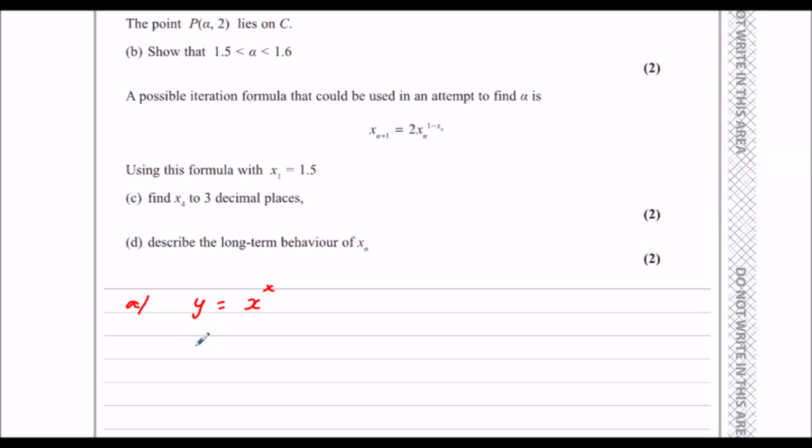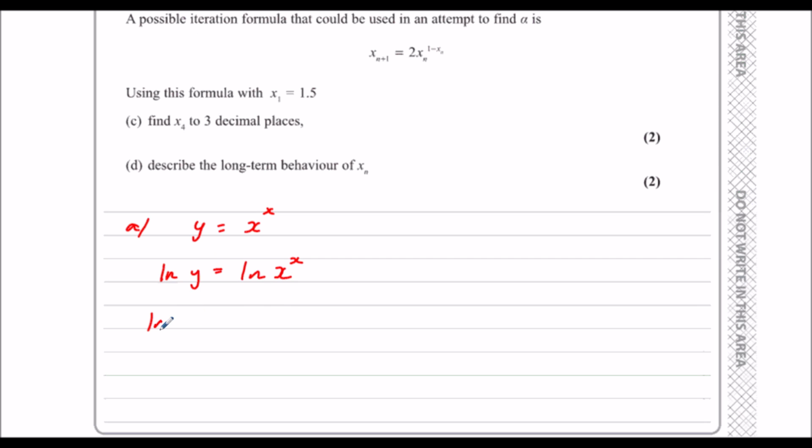So that's ln y equals ln x to the power of x. The x here is going to jump to the front. So we've got ln y equals x ln x.